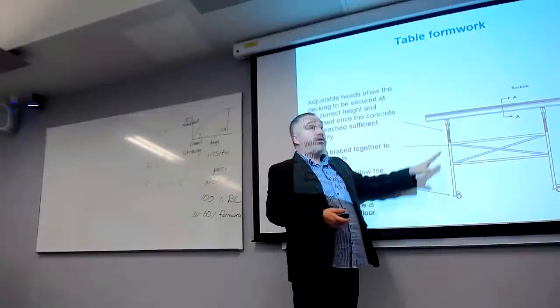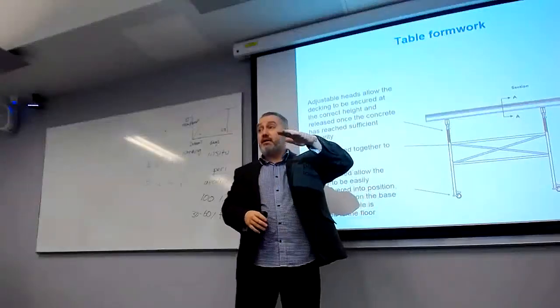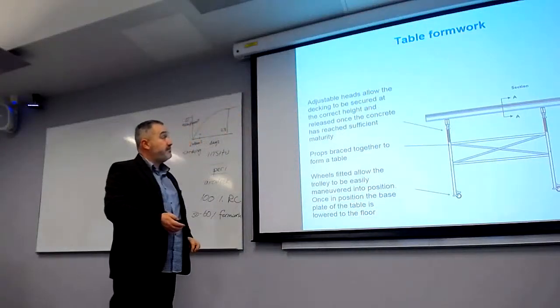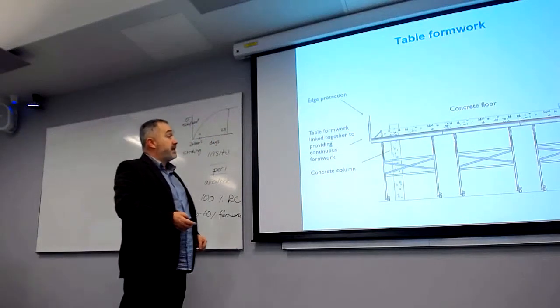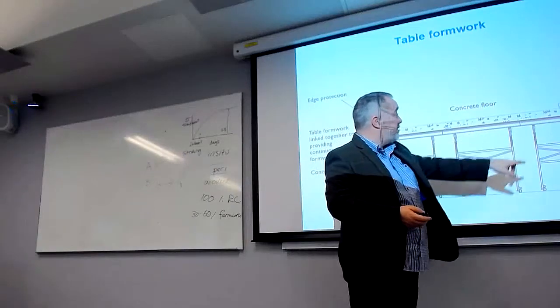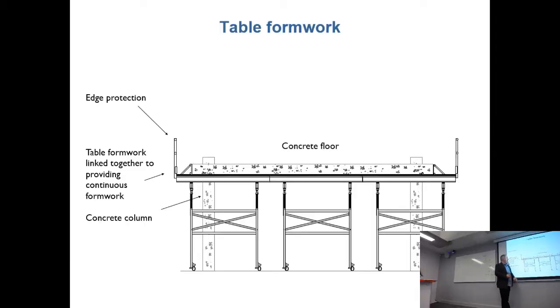You can use this when you've got a building that is very similar everywhere, where you've got a floor slab across a massive area. So there's an example of 3 table formworks underneath some concrete that is cast. And once it's gone off, then they can lift that and take it up.